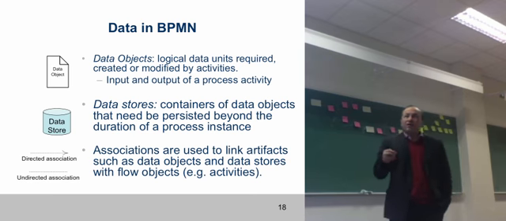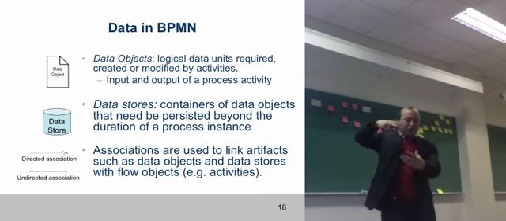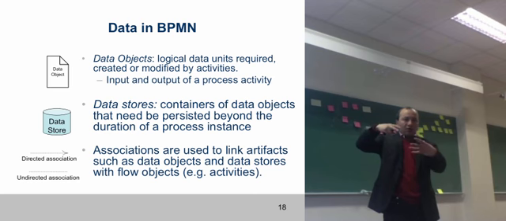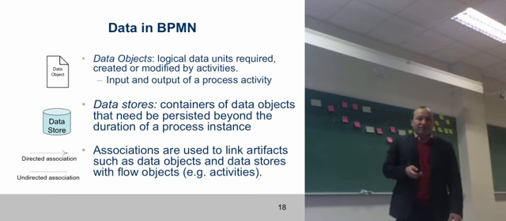Now coming to what we call the data perspective, BPMN offers you two main concepts. A data object is like a well-defined unit of data, like a document or a form or an object in an object-oriented sense, that you can take as input to an activity or you can produce as output from an activity.